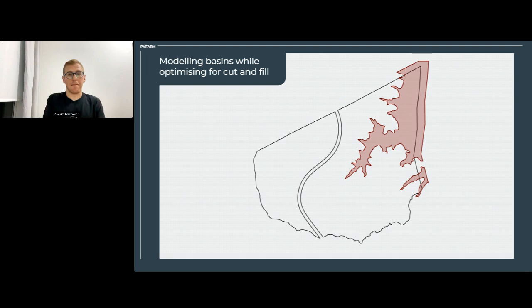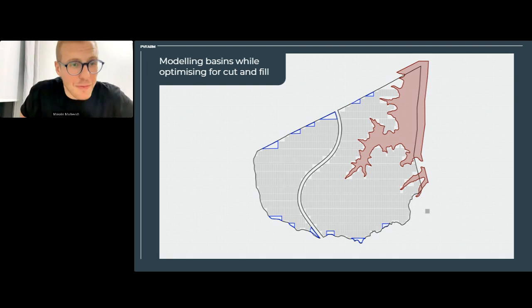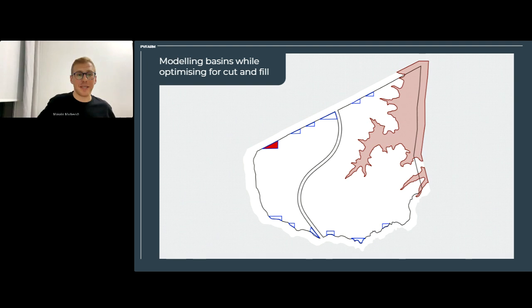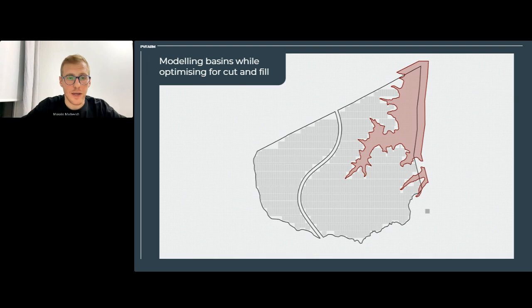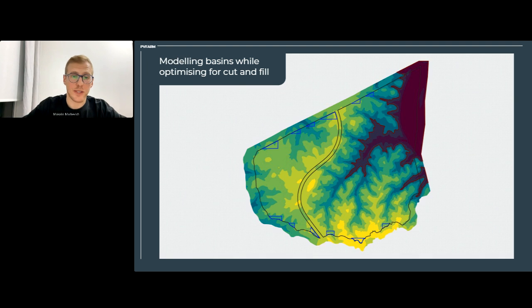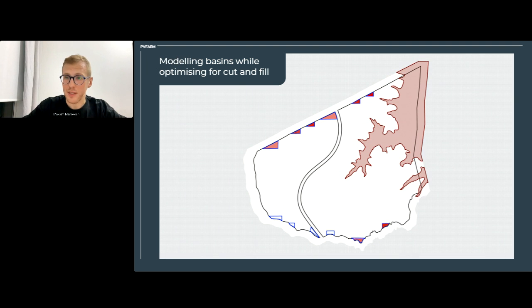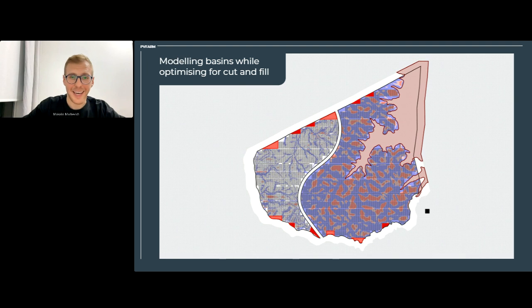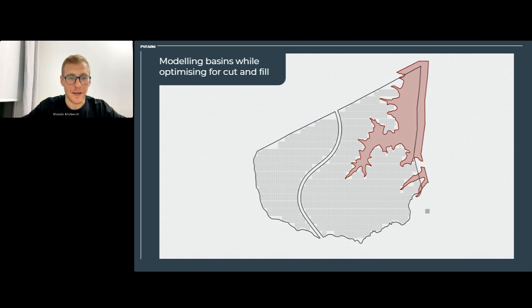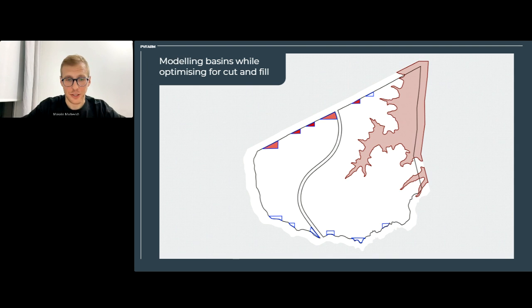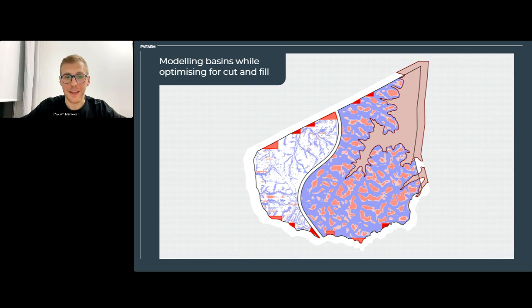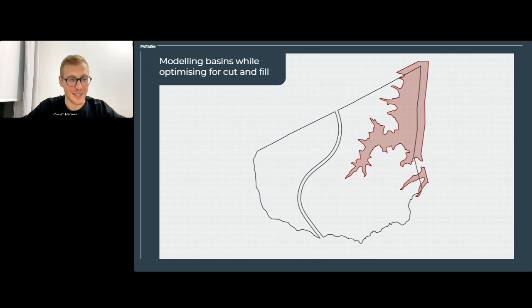Then, this is my favorite one: modeling basins while optimizing for cut and fill. We don't design basins, but if you know the size, you can bring them in. If you know the amount of dirt you need to excavate from those basins, you can excavate them and get, let's say, a couple of million positive cubic yards.